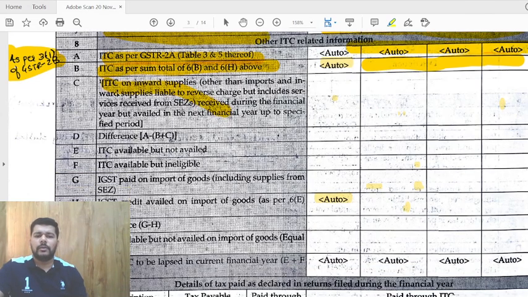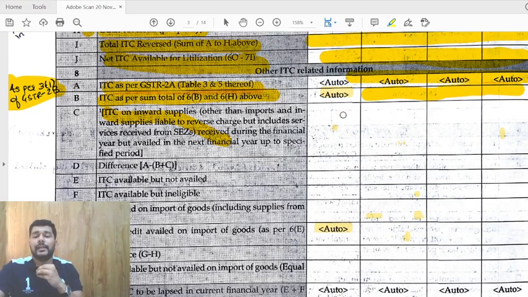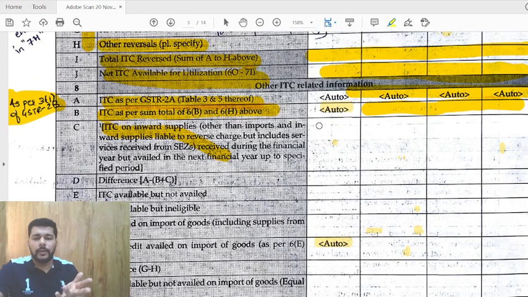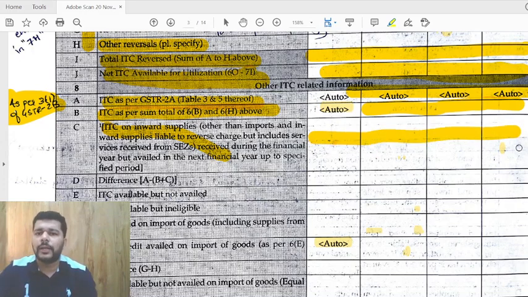ITC on inward supplies where you have claimed the credit during the financial year 24-25, meaning from April 24 to 30th November 24, the ITC you have claimed which is pertaining to 23-24, that data should come over here. Now friends, there is one more table which takes up this data.